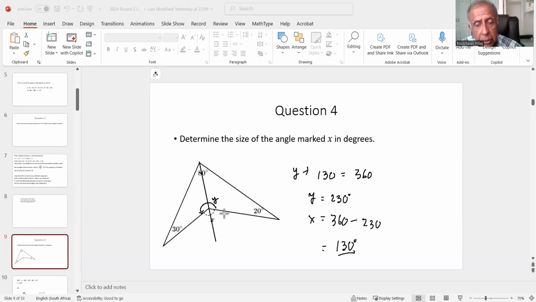So when you add these two, you're going to add all these angles, right? So you'll see 30 plus 20 plus 50 is 130. So that's the answer. So this angle is actually the sum of those three. Okay, so that's the other way of doing it.